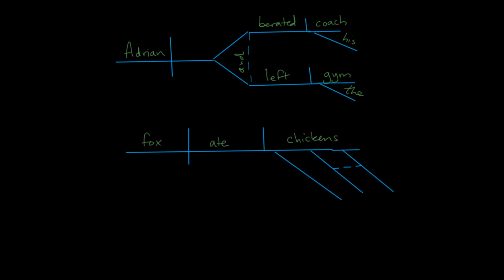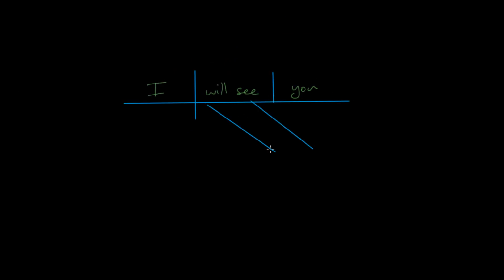And this sentence reads, the fox ate 3 plump and juicy chickens. All right, so let's have one final example then. And in this case, we have 2 prepositions working together. So this sentence reads, I will see you before or after lunch. Hopefully that helps to make some sense of how you can use coordinating conjunctions to tie together multiple things in your diagram.